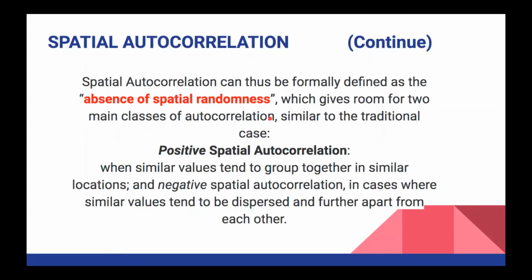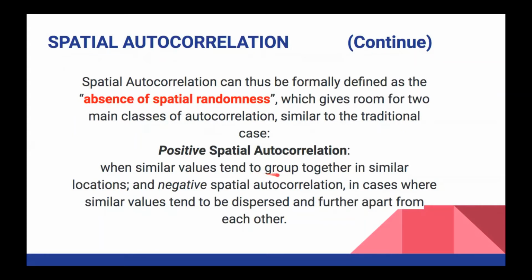Let's note that. It will help us to detect whether there is spatial randomness or not, which gives room for two main classes of autocorrelation, similar to the traditional cases. Firstly, positive spatial autocorrelation, which we have when similar values tend to group together in similar locations.